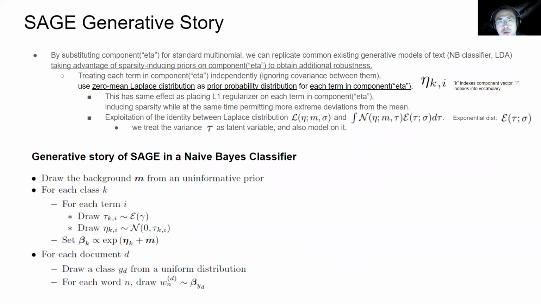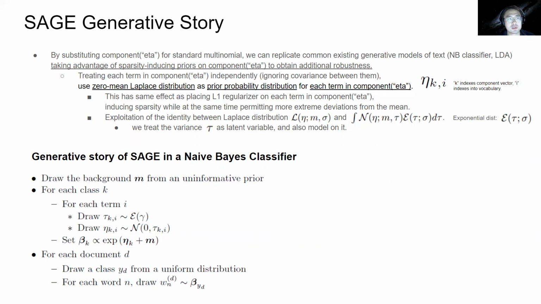And it uses the standard multinomial in the standard naive Bayes classifier approach. But now we are switching that standard multinomial component in the naive Bayes classifier with this SAGE model. So it's a drop-in replacement with the SAGE model, and that's the point.